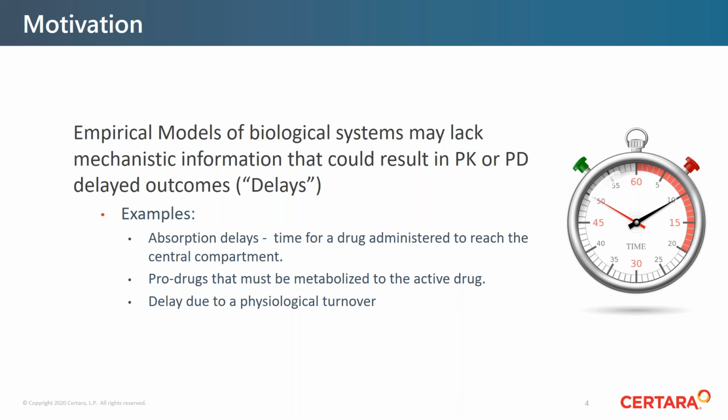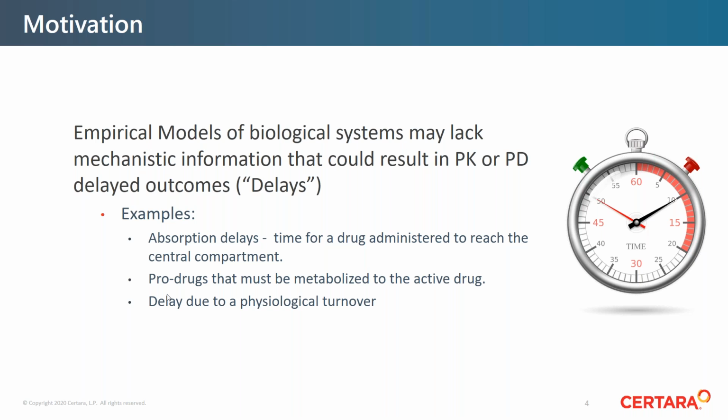Delay often occurs in PKPD studies. For example, delay may arise during the PK absorption phase, as it takes time for drug to be transported from the depot site to the central compartment after drug administration.